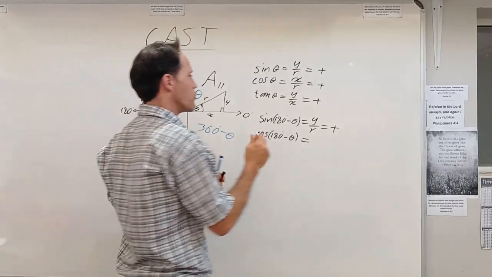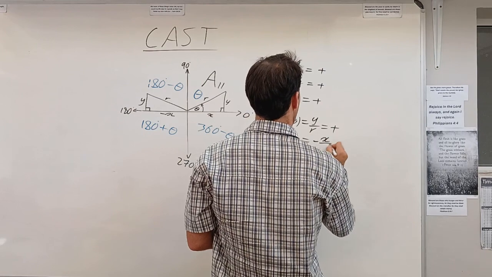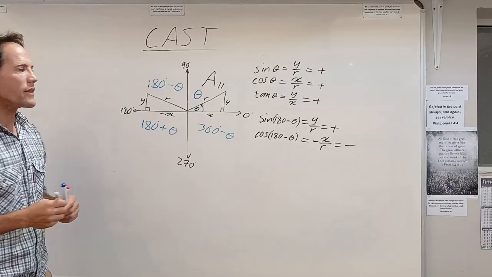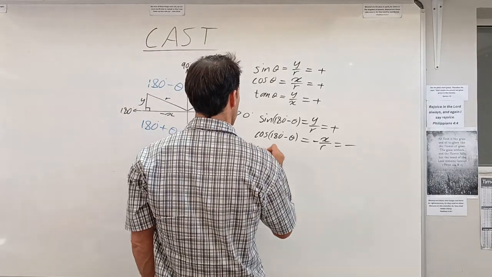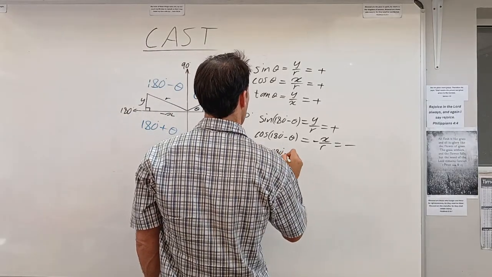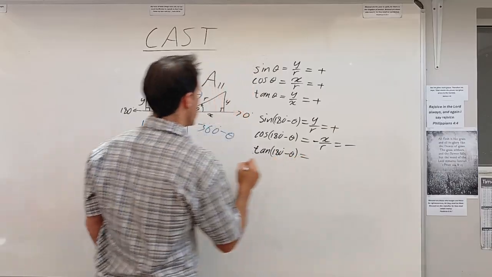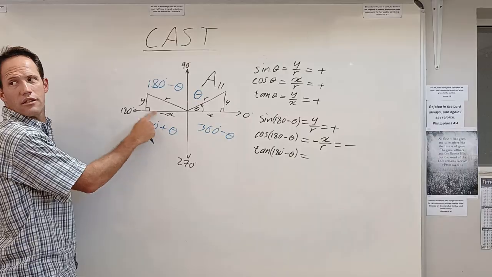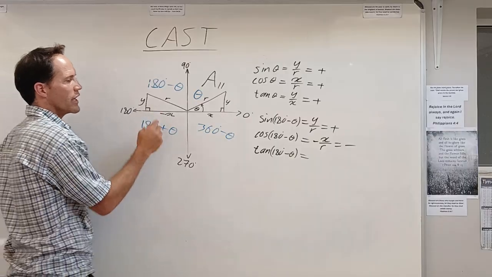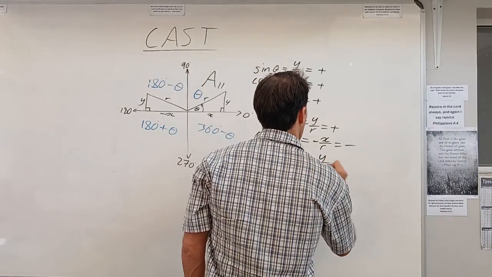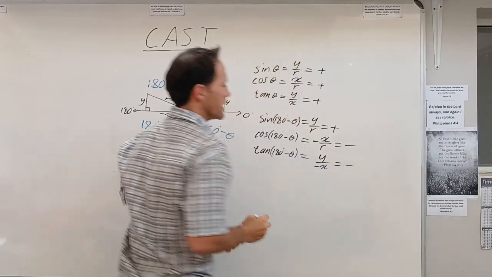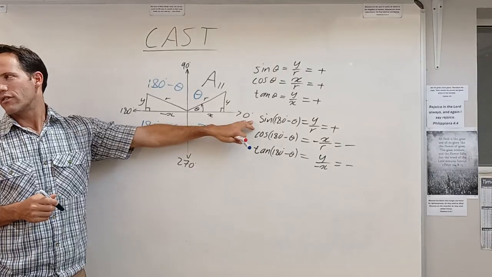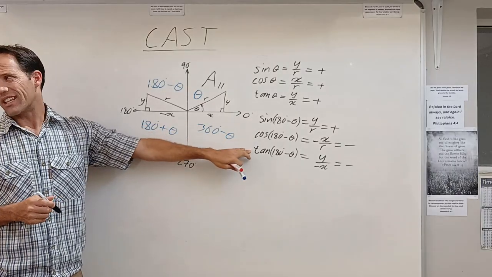So for the first time we have a negative x over r, which means the answer is negative. And tan 180 minus theta will be tan is opposite over adjacent. Y over negative x, which ends up being negative as well. So can you see only sine is positive now? Cos and tan are negative.